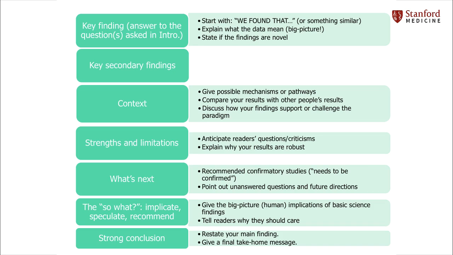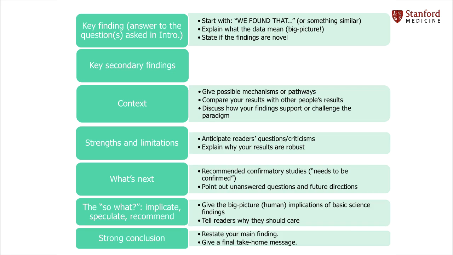You also want to spend some time saying what's next. Here's where you can talk about results that need to be confirmed in future studies, or unanswered questions, or future directions. Then you want to give the so what, the implicate, speculate, or recommend. This is where you're saying, hey, why should anybody care about my findings? If you're doing something in the basic sciences, tie it to humans.